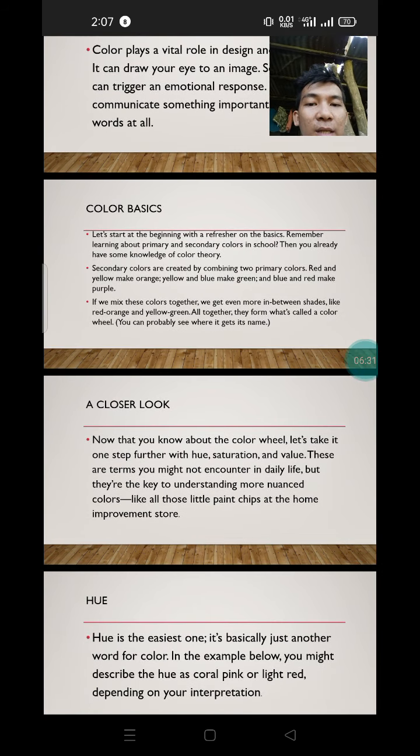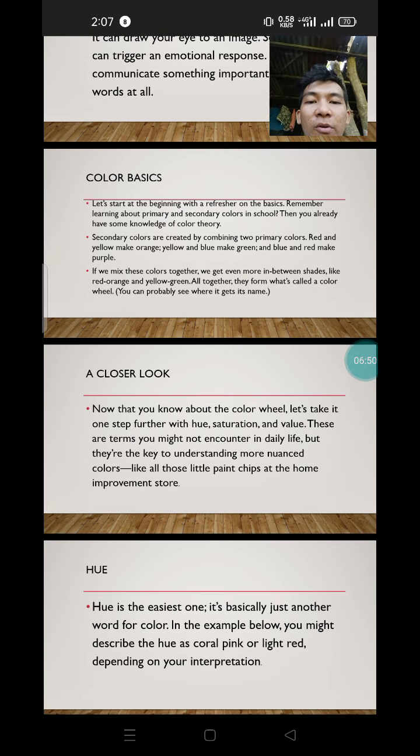Color basics. Let's start at the beginning with a refresher on the basics. Remember learning about primary and secondary colors in school? Then you already have some knowledge of color theory. Secondary colors are created by combining two primary colors.